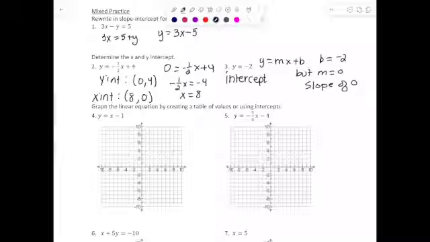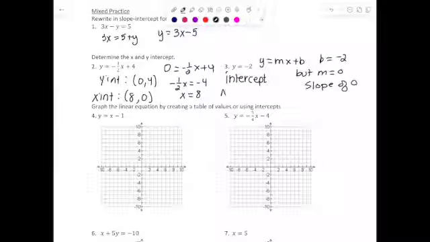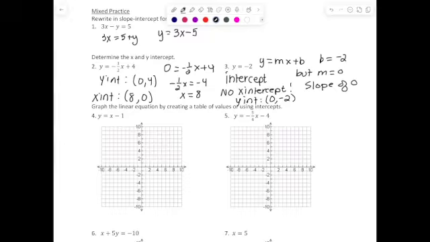So there is no x-intercept, because this line is just a negative 2 horizontal line. So the y-intercept is going to be the same thing, (0, negative 2). Yeah, that's going to be it for the intercepts that we're going to have.